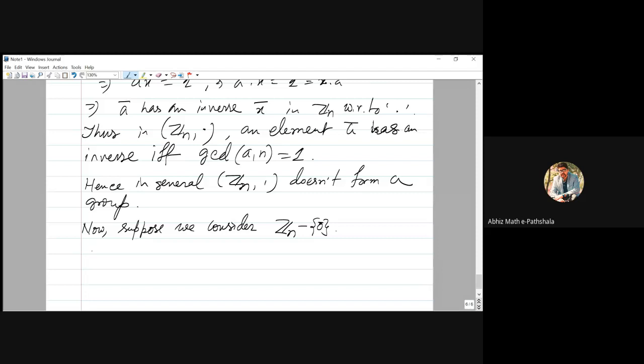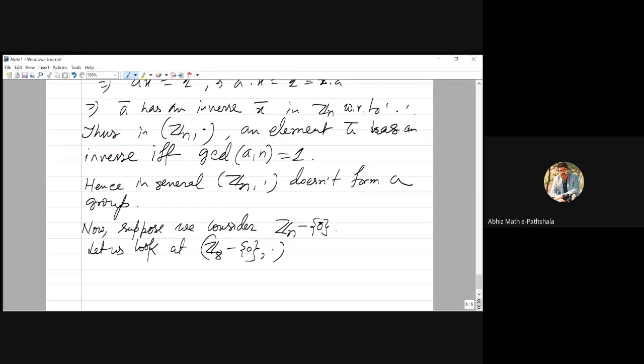For example, let us look at the example. So let us look at Z8 minus 0 class with dot. It is a monoid. There is no doubt that it is a monoid. But you need to check whether it does form a group.